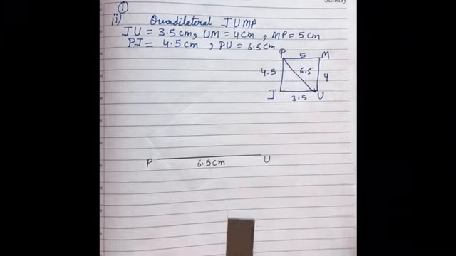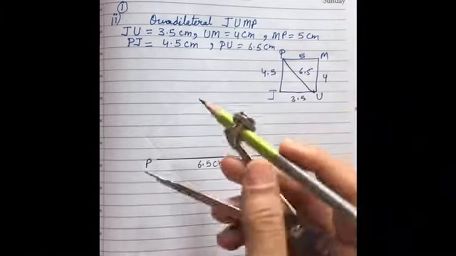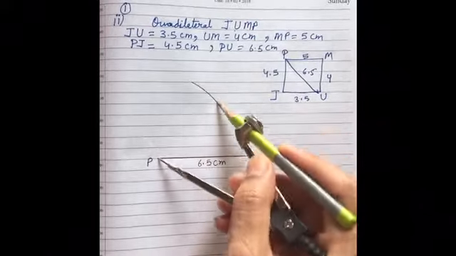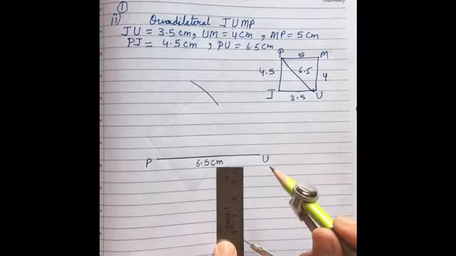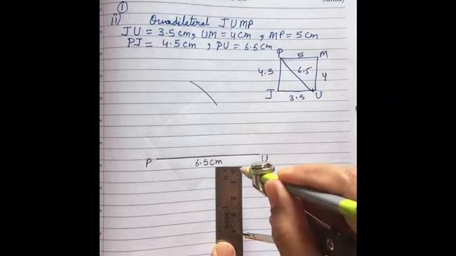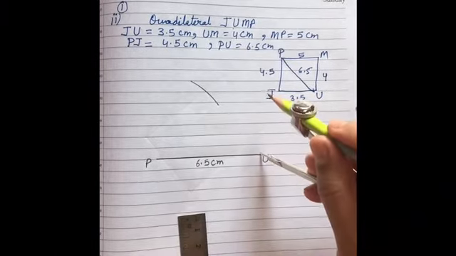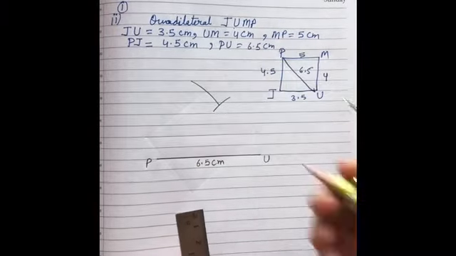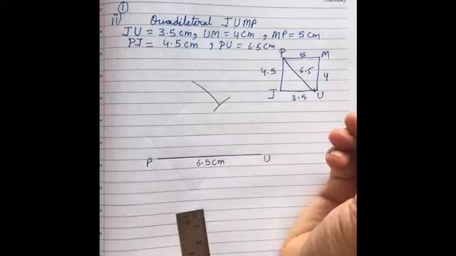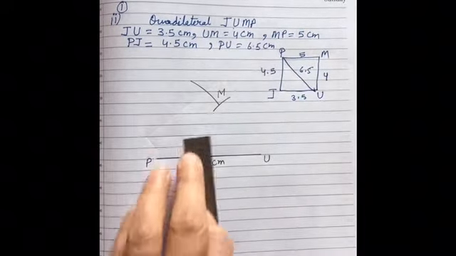This is 5 centimeter. From P, you are going to make an arc. Now open up your compass to 4 centimeter. Now make an arc from U. Fine. So this is going to be your point M. You can join these 2 points.